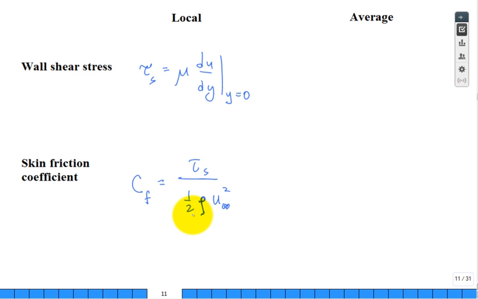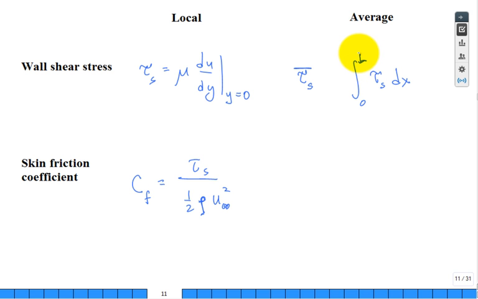Yeah, right. Now, if you have an average value, what do you do? Well, you would say tau, and I still want it at the surface, but I'll put a bar on that. What does that mean? Average. So you have this as a local value, as a function of x. If I take tau sub s and sum it over all the x's, the integral from 0 to L, or 0 to a new x, this could be confusing.